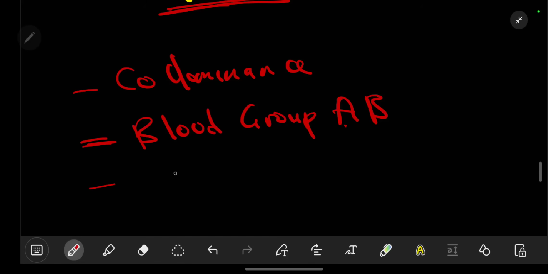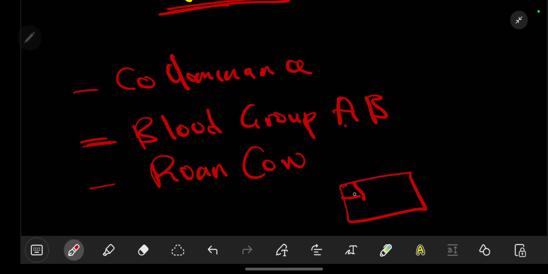Another example is the roan cow, the cow that is produced when a white cow and a red cow are fused, where we have individual white hairs and red hairs. There are a lot of examples that you can give. As long as we have patches, white and red, that is called codominance because they are both existing at the same time.